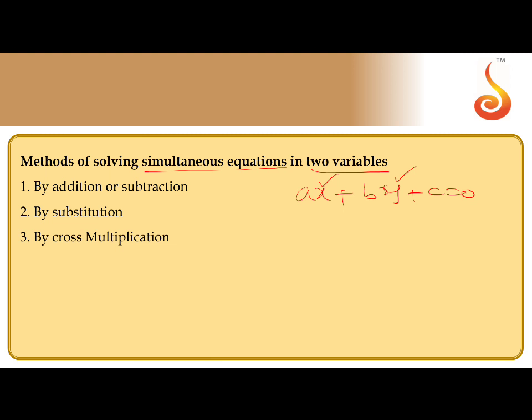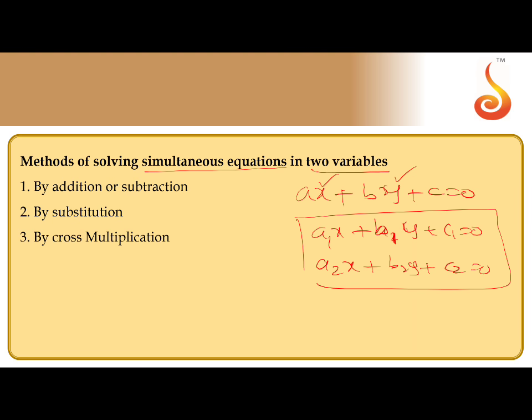So how to solve simultaneous equations in two variables? If you want to solve, we need two equations with two variables. The first equation: a1 x plus b1 y plus c1 equal to 0. Second equation: a2 x plus b2 y plus c2 equal to 0. These are the two equations with two variables x and y. If I want to solve for two unknowns, we need two equations.